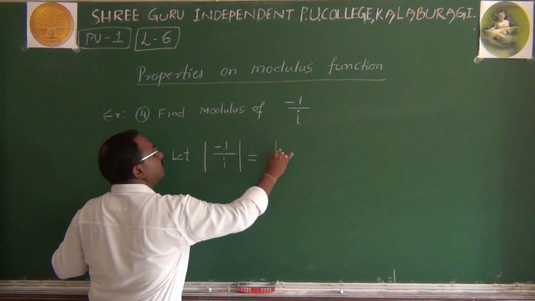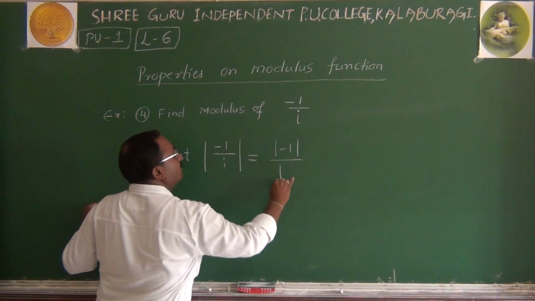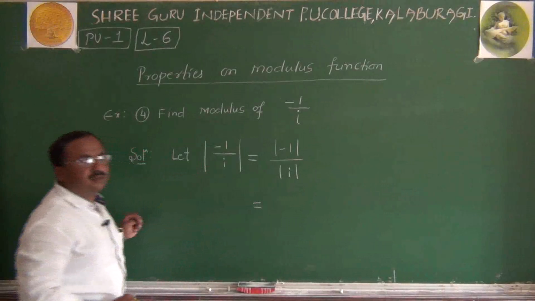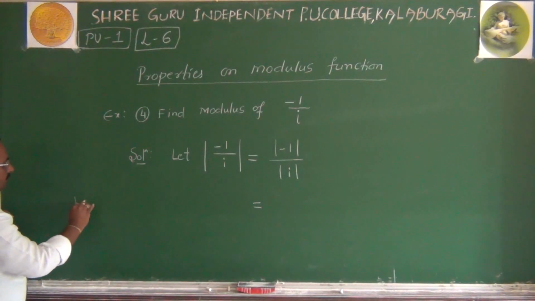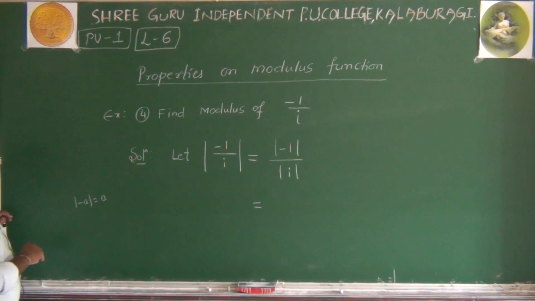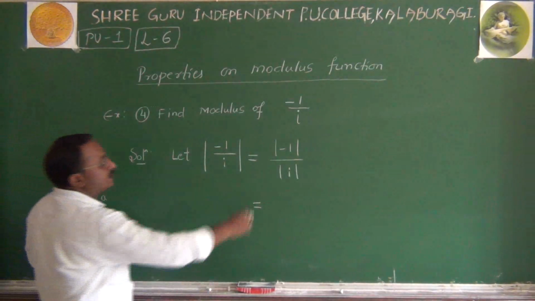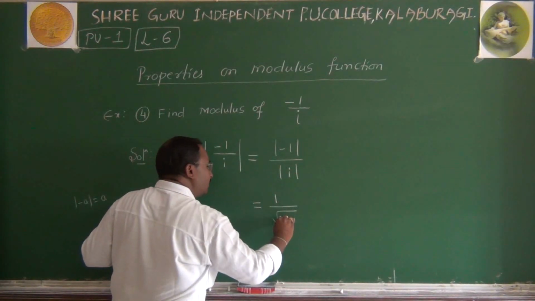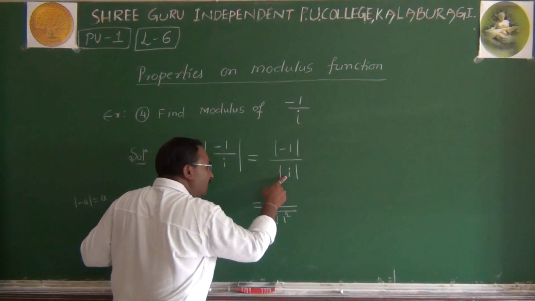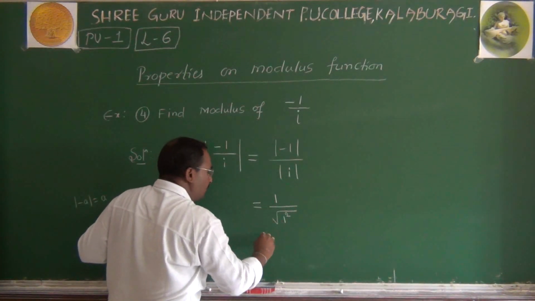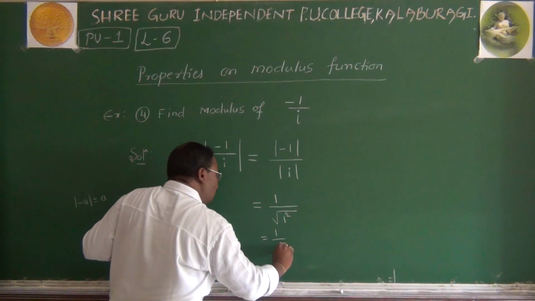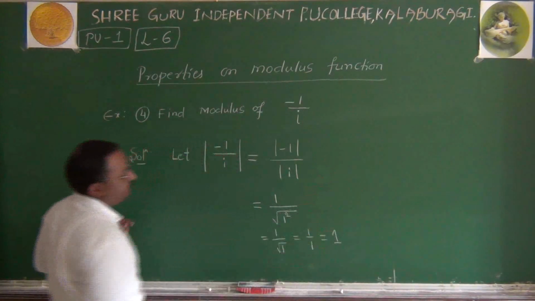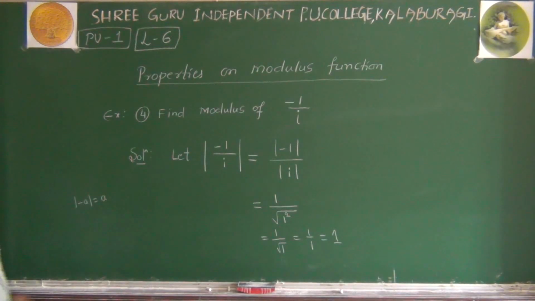Separate modulus of the numerator and separate modulus of the denominator, equal to the modulus of minus 1. Here, in general, the modulus of minus a is equal to plus a. Understood? The modulus of minus 1 is always plus 1. Here the modulus of i is the square root of real part square plus imaginary part square. In this place, the real part is 0 and the imaginary part is 1. Root of 1 square is 1. So 1 by 1 is equal to 1.